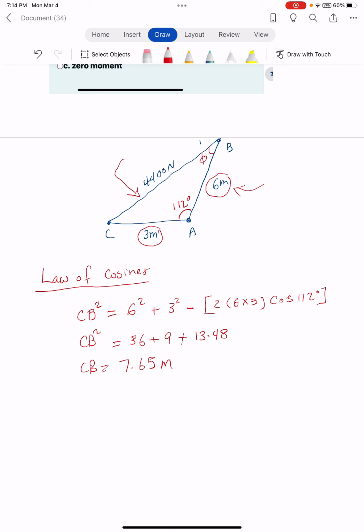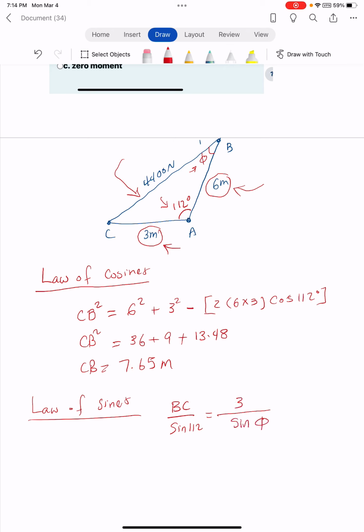Now you apply the law of sines to find out this angle, phi. Here we divide BC over the angle in front of BC: sine 112 equals 3 over sine phi.